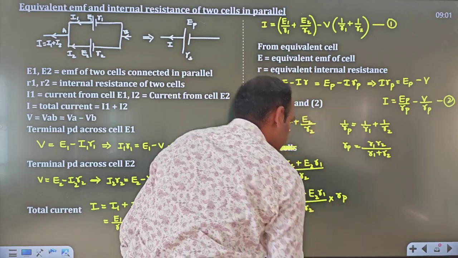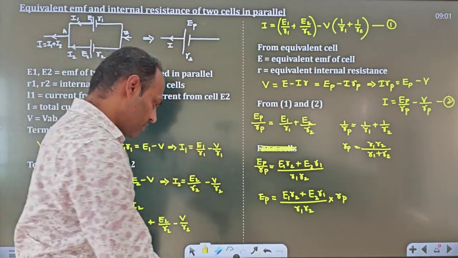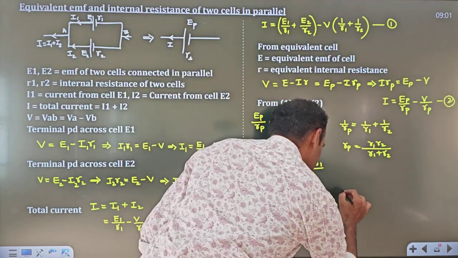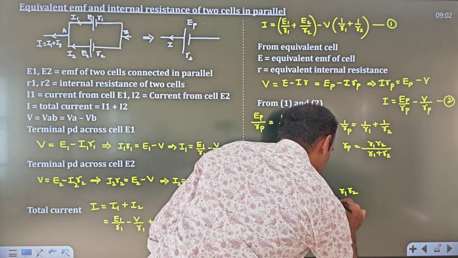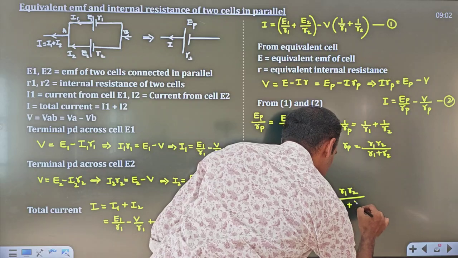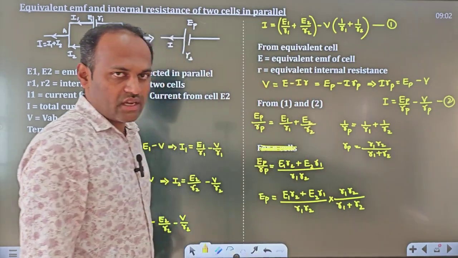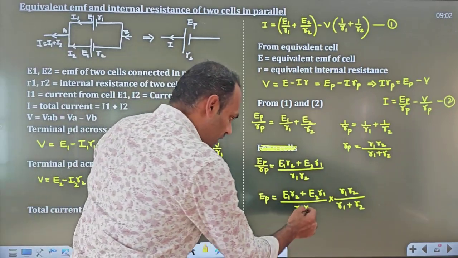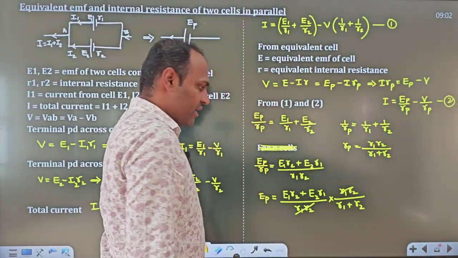into Rp. Substitute the value of Rp here. What you will get? If you substitute the Rp value here, you get R1 into R2 divided by R1 plus R2. Correct? The Rp value is here, we substituted it. R1 into R2 will get cancelled.